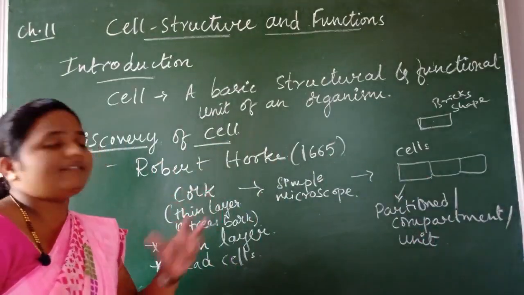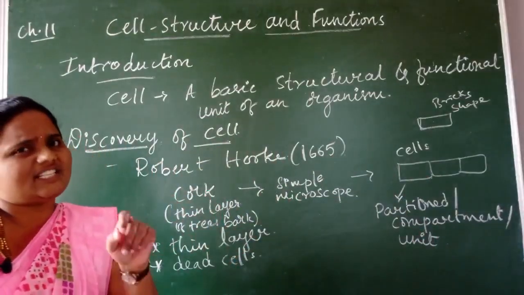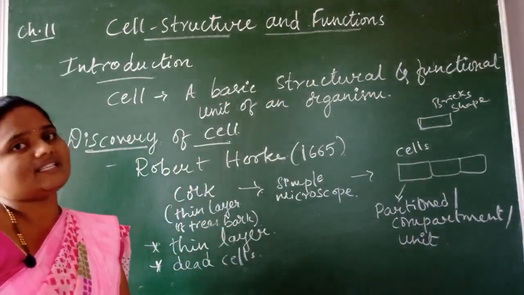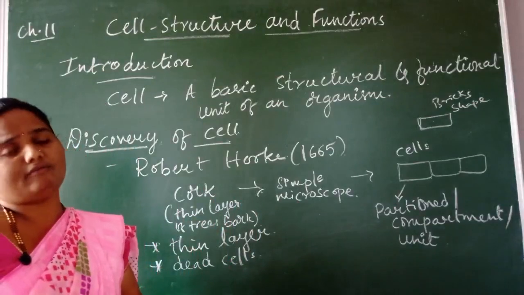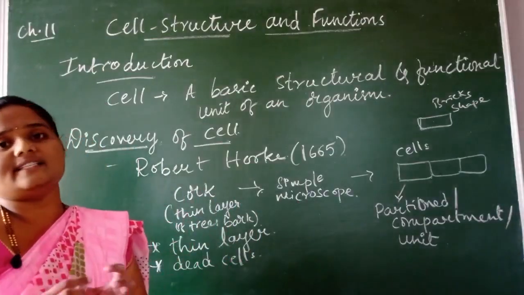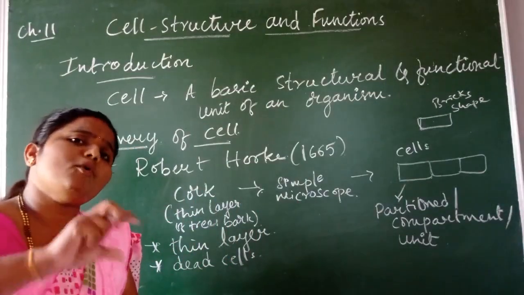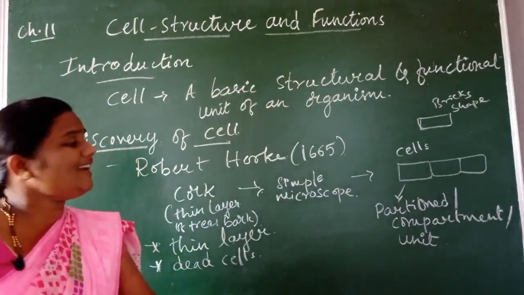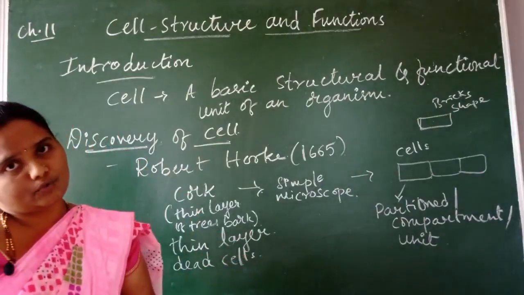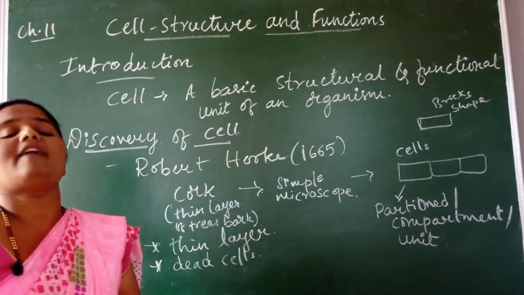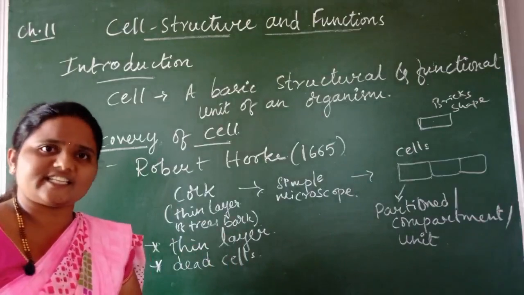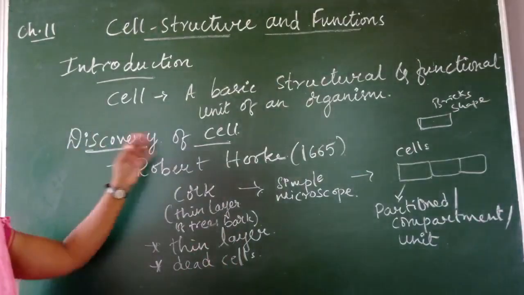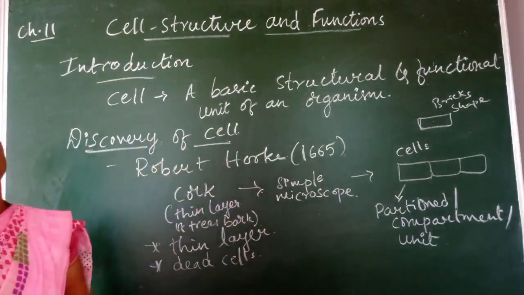What is the difference between these two? In general, the magnification in the simple microscope is very low compared to the compound microscope. We can magnify very easily and also magnify more. Even minute structures we can see under the microscope. With the compound microscope, we can study further, isn't it, children? The discovery of the cell was made by Robert Hooke.